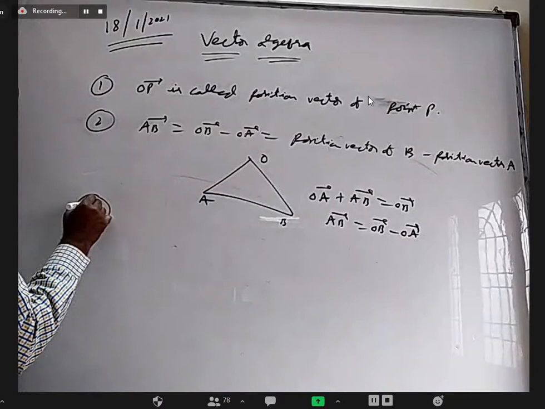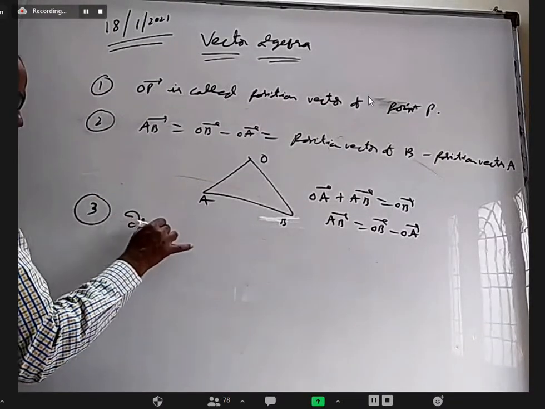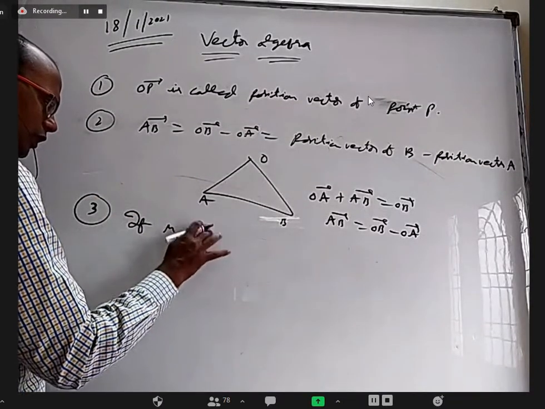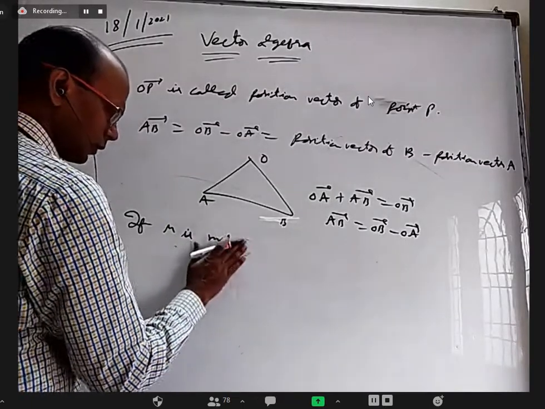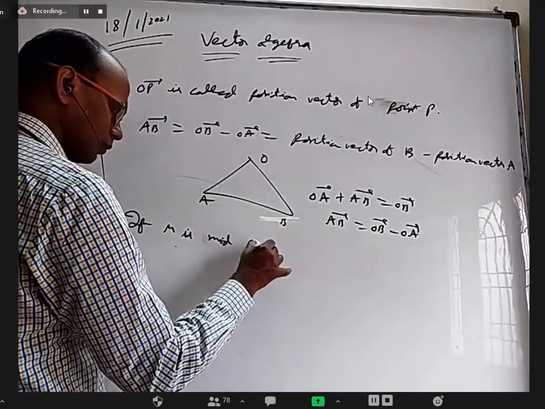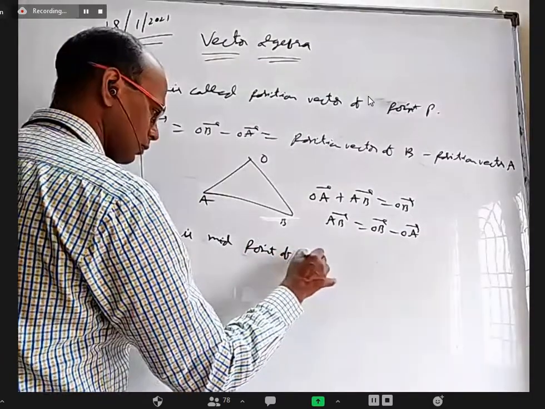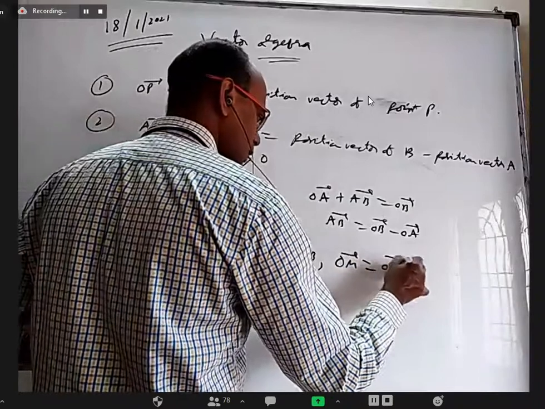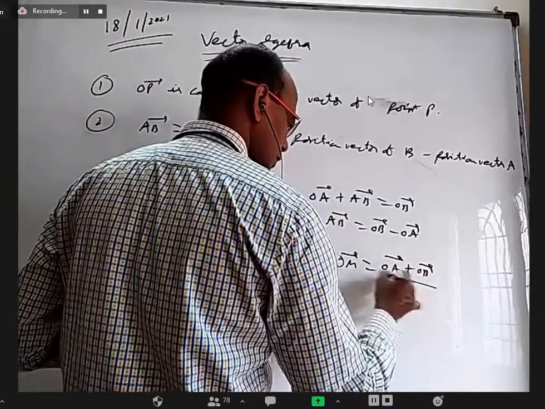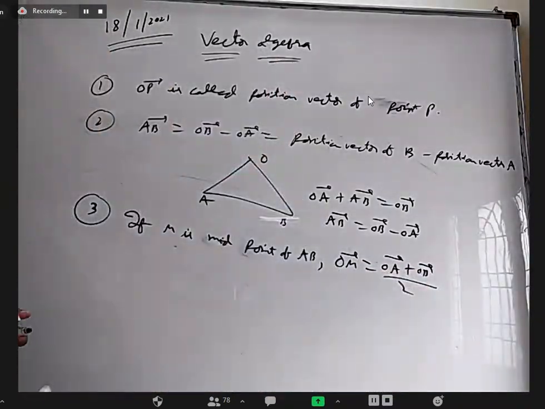Next, third point. If M is the midpoint of AB, OM bar is equal to OA bar plus OB bar by 2. Okay.